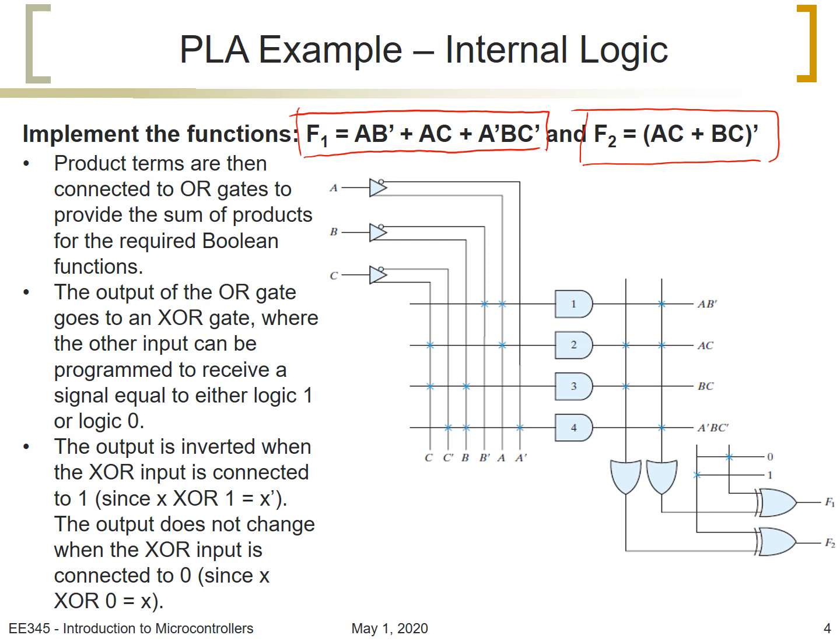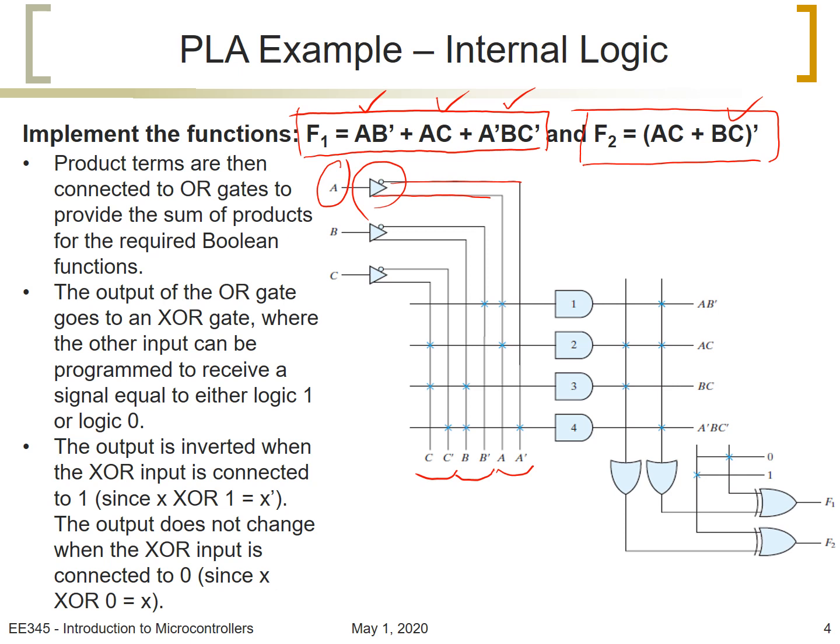We have three variables here, A, B, and C. So we pass A into this circuit, which provides both the true value of A and the complemented value of A. So A and A prime are available. Same thing, we have B and B prime, and C and C prime available. Now we program the PLA in order to obtain the products that we have here. So we have AB prime, AC, A prime BC prime, and BC. So we program it to provide 4 products.